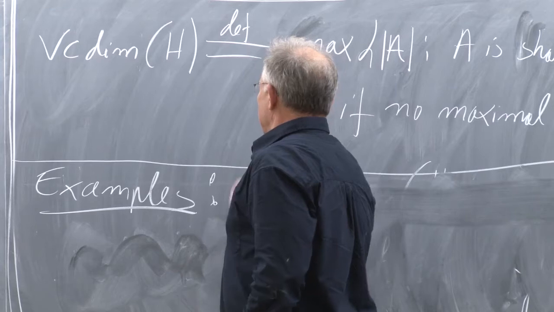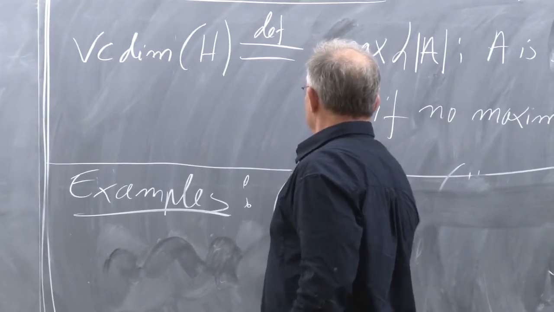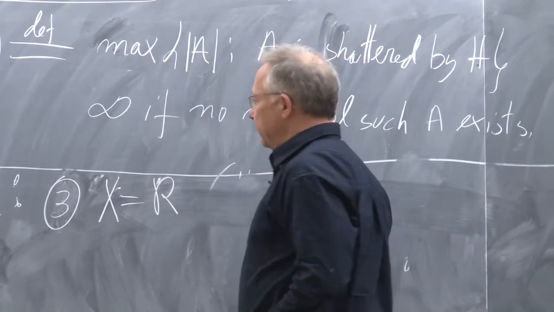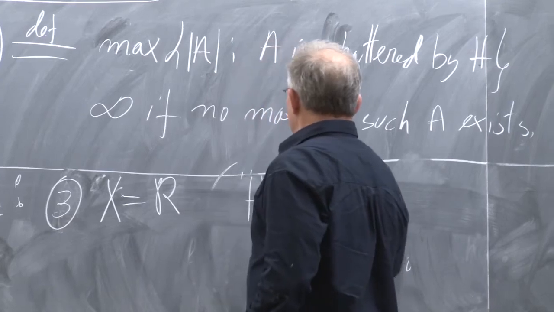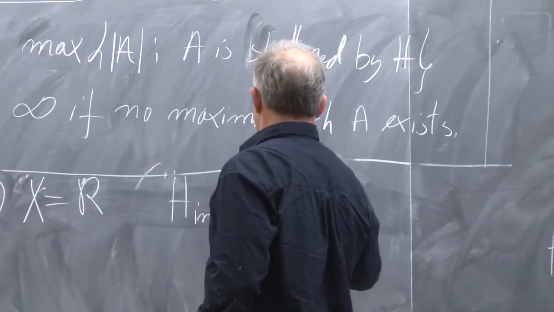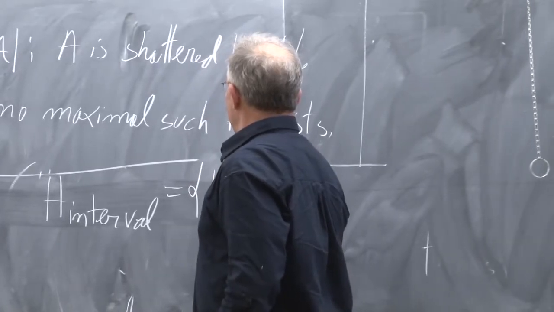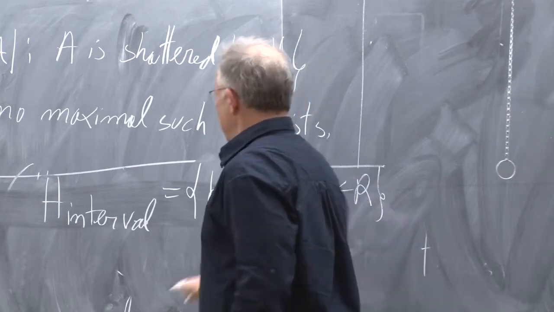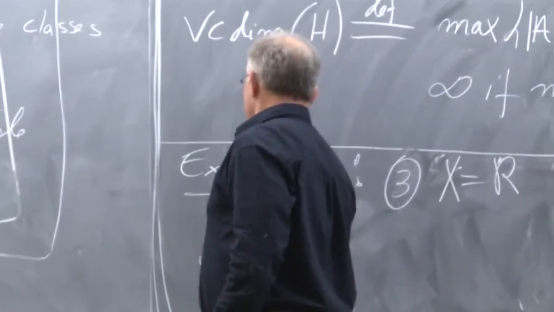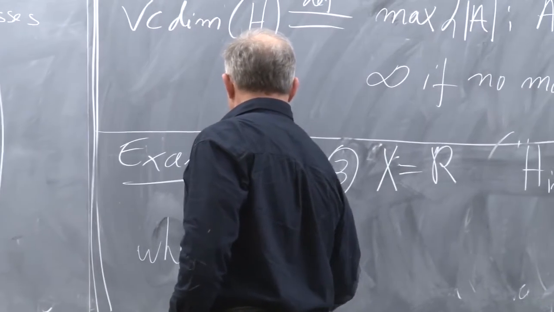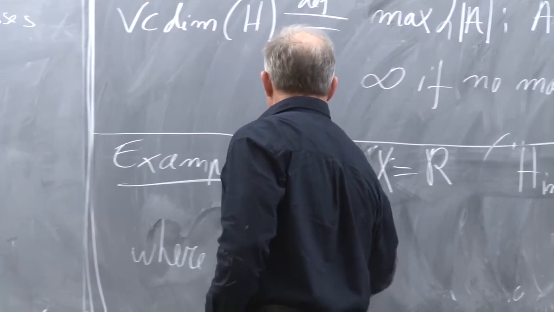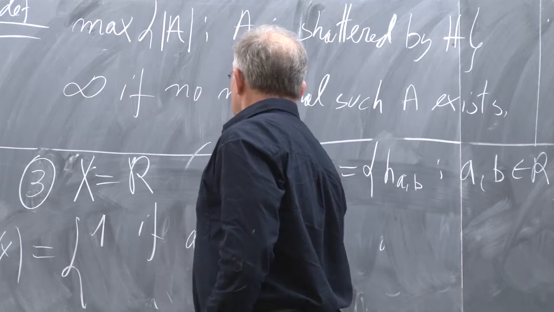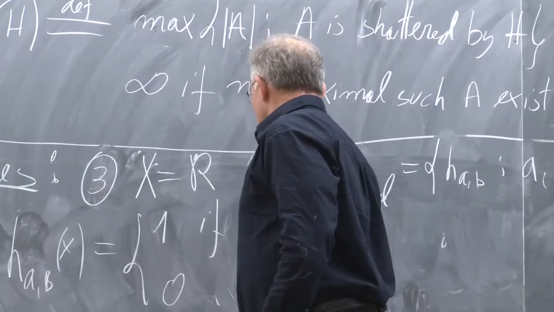So here is example 3. Let X be, again, the real line. And let H interval be the set of all H_{A,B}, such that A, B belong to R, where H_{A,B} of X is 1 if X is between A and B, and 0 otherwise.